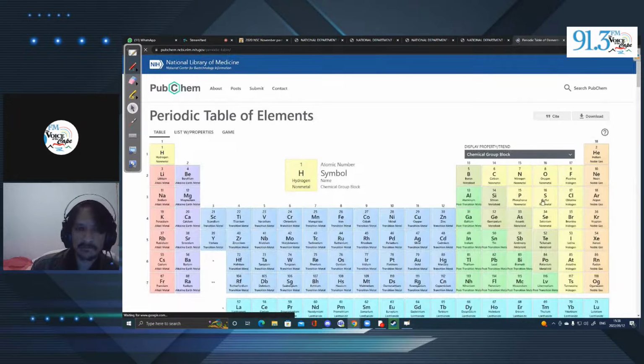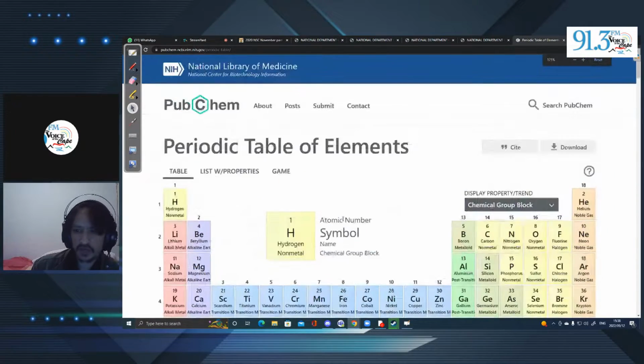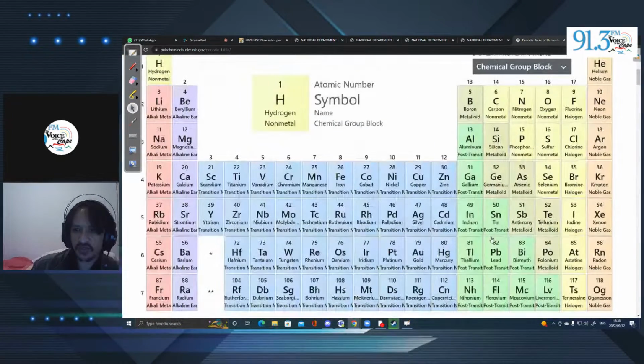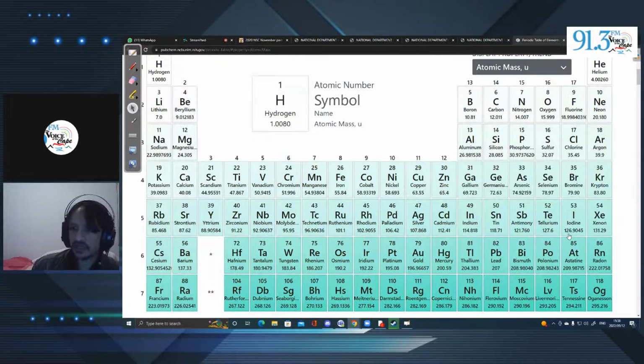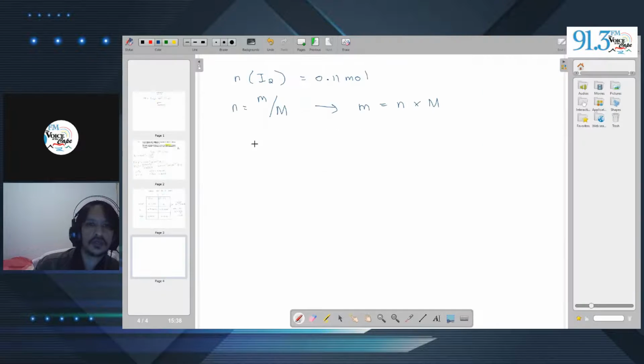Let's see. The molar mass for iodine, so we know iodine's on the right-hand side of the periodic table. Let me just pull up the molar mass. It is 126.9 grams per mole. Okay, so I'll leave it as 126.9. So we know our molar mass is 126.9 grams per mole.